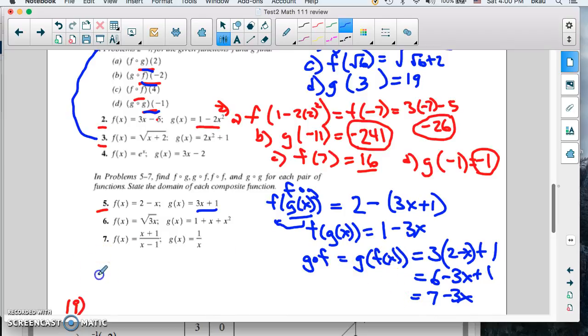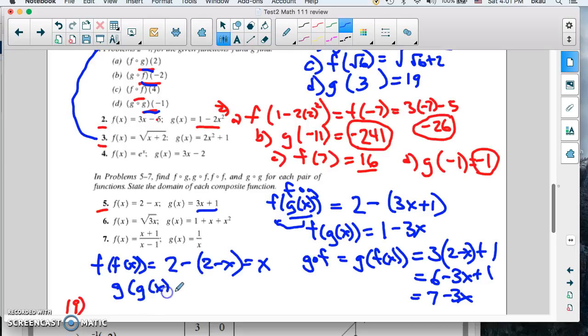Now f of x, we take the function and we plug it into itself. So it goes 2 minus x. Well, that changes to -2, which is going to drop out with that one, plus x. So you're just going to get x out of f of x. And g of x, we're going to get 3x plus 1 plus 1.